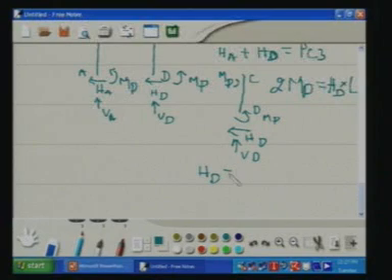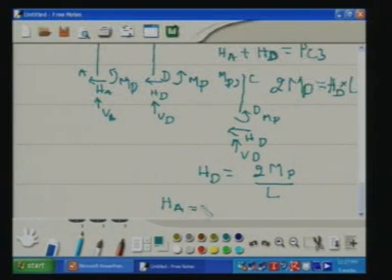Value of HD will be equal to twice MP by L. So from here you can calculate the value of HA, since HA plus HD is equal to PC3. So HA will be equal to PC3 minus HD, that is equal to PC3 minus twice MP by L.